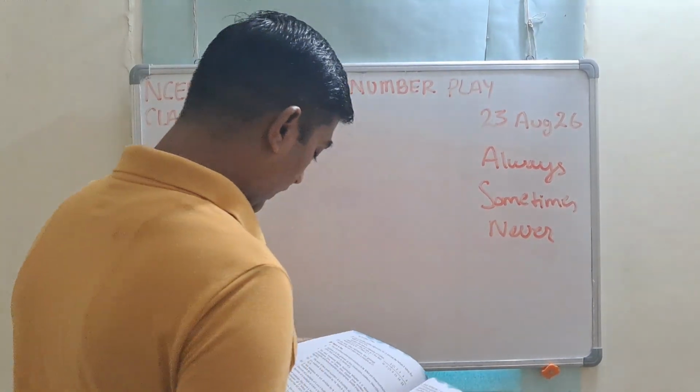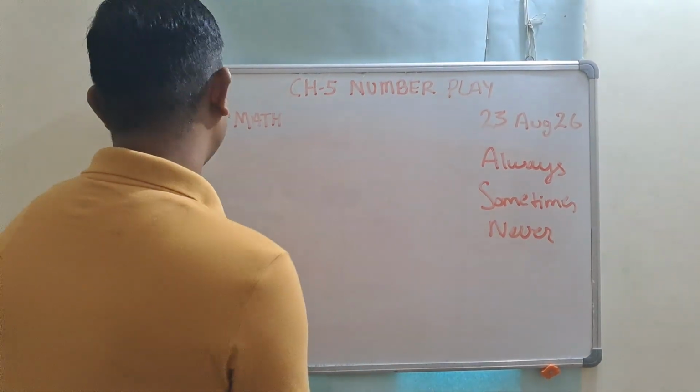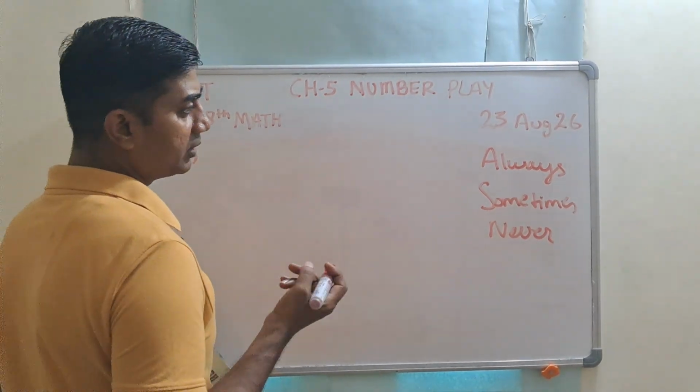What is our first expression? The sum of 2 even numbers is a multiple of 3. Now see.